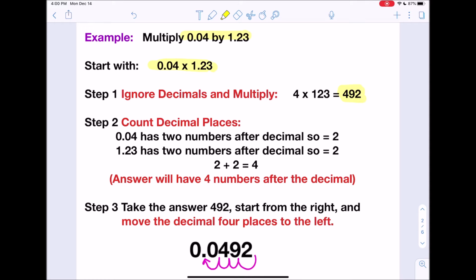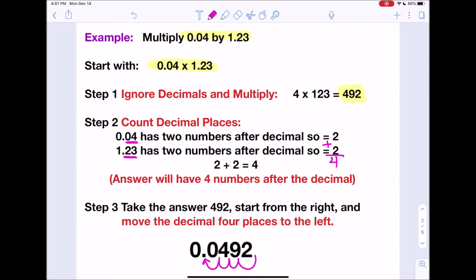And we do that by counting the decimal places from the original problem. So in the first number in our problem, 0.04, there are 2 numbers after the decimal place, okay? And then for 1.23, we also have 2 numbers after the decimal place. 2 plus 2 equals 4.